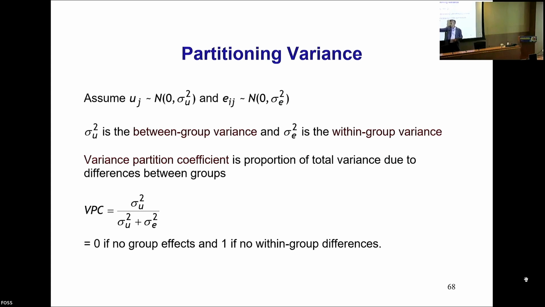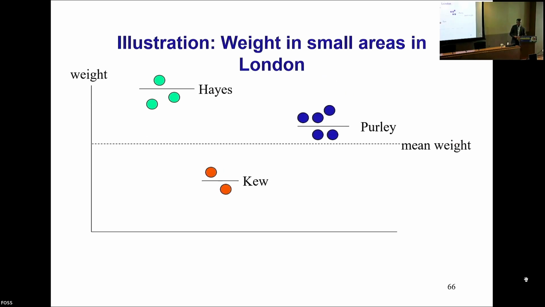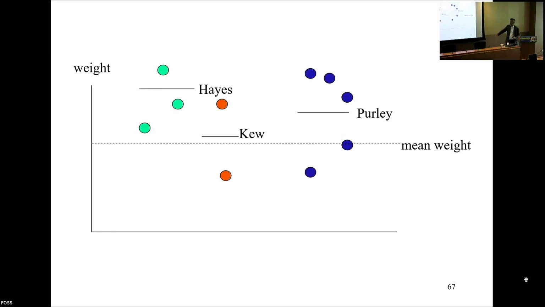This is the total variance, the EI, and this is the proportion of the group variance that is contributing to the total variance. So the VPC is equal to 0 if there are no group effects, or it will be equal to 1 if everything is due to the group effects. So the variance partition coefficient in this example will be much closer to 1 compared to this example, where the VPC will be closer to 0.